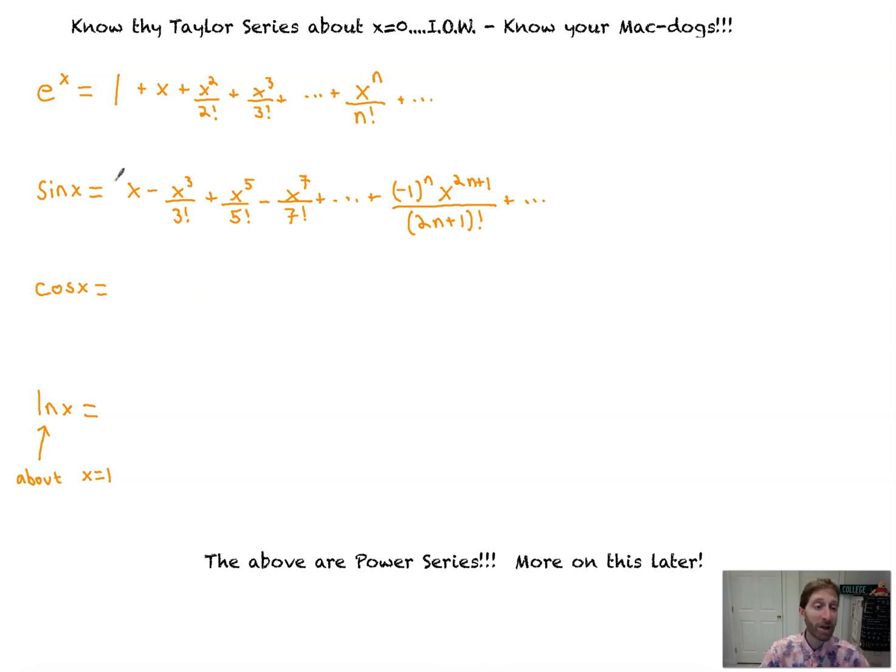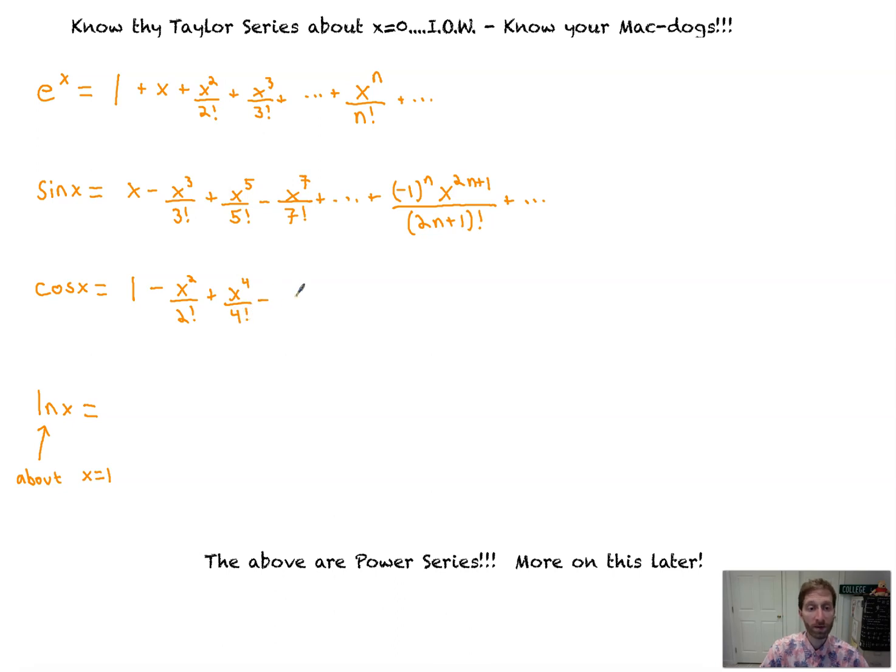Cosine, well, a couple ways we could get cosine. If you really want to be fancy, you could take the derivative of this polynomial because it's the derivative of sine. More on that down the road. Very cool. You could generate it using your Taylor polynomial expansion. For right now, I'm just going to say, hey, you need to know this, and I'm going to give it to you. It's 1 minus x squared over 2 factorial plus x to the 4th over 4 factorial.